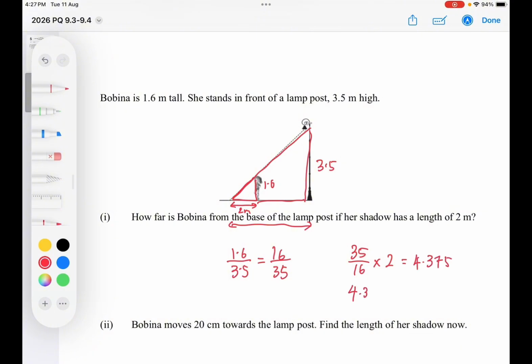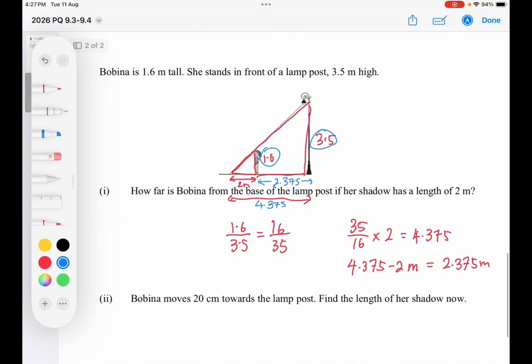So we take 4.375 minus 2 meters, which is then going to be 2.375 meters, and that would be the meters over here.